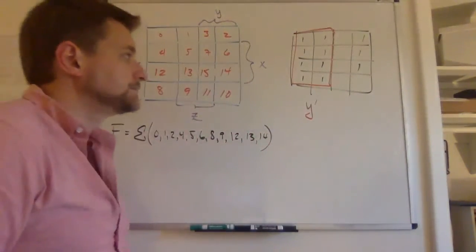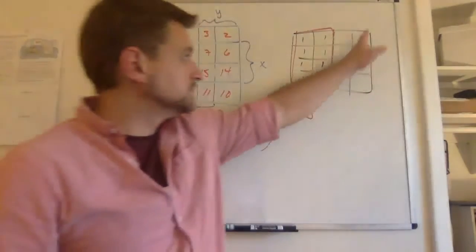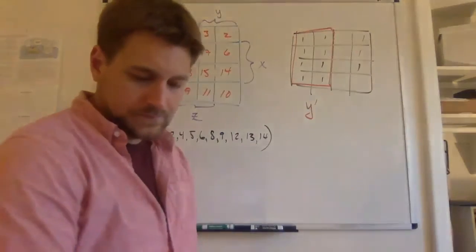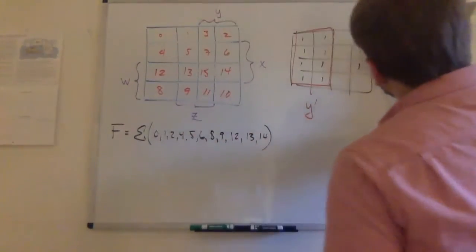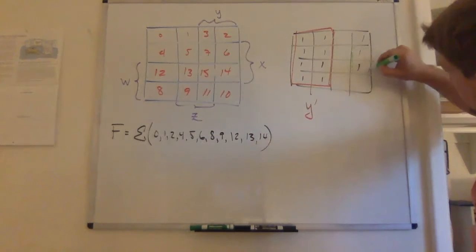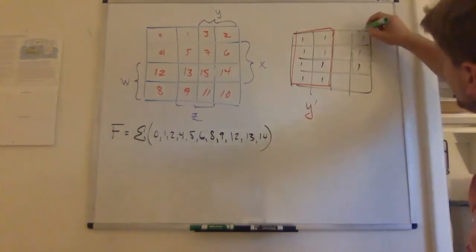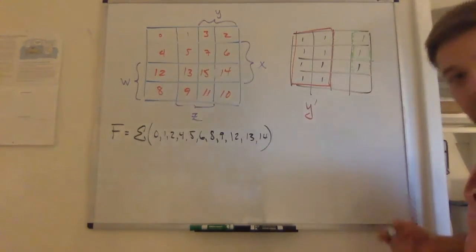Now, what do we do? These 3. We could just combine these 2 and then combine these 2. And that would do the job.